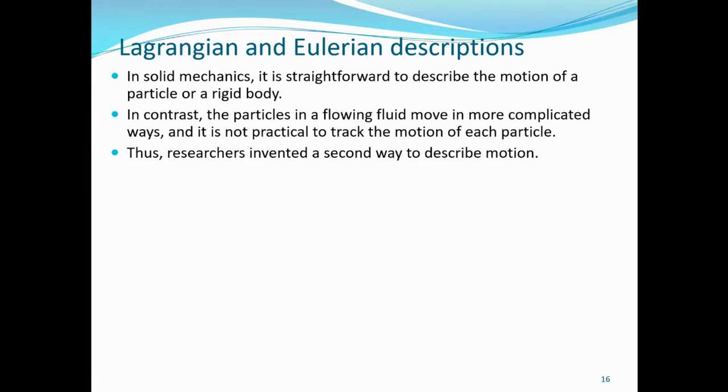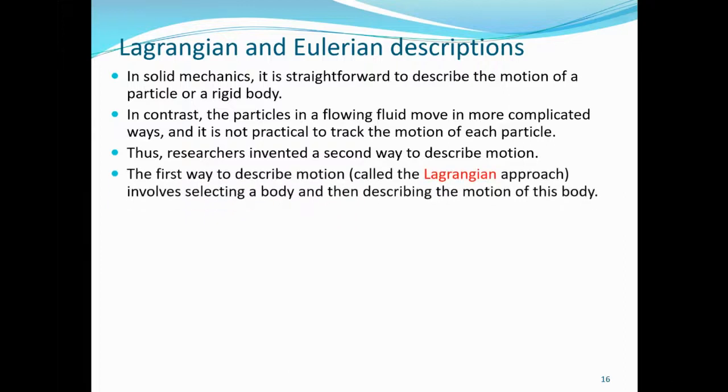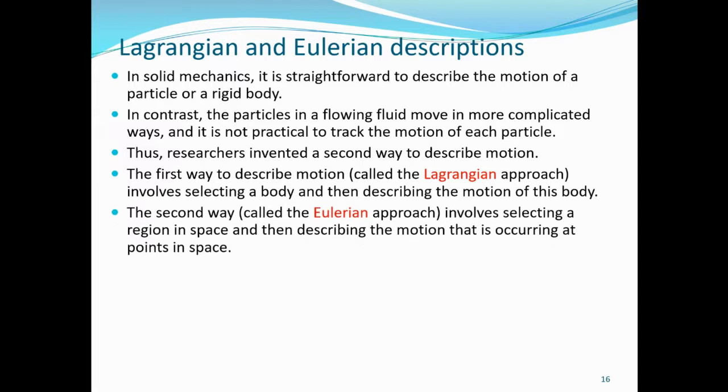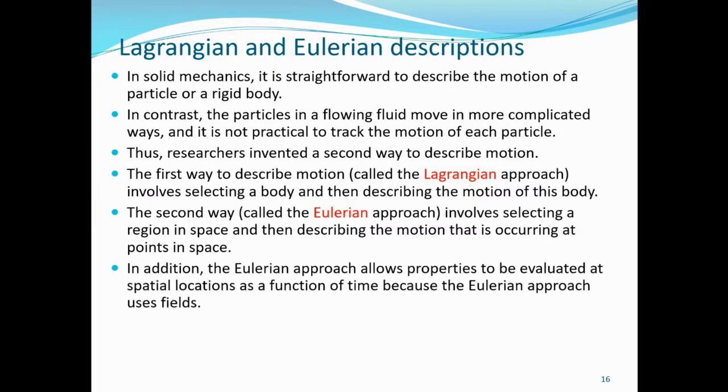Thus, researchers invented a second way to describe motion of fluids. The first way is called the Lagrangian approach, which involves selecting a body and then describing the motion of this body. The second involves selecting a region in space and then describing the motion that is occurring at points in space, which is the Eulerian approach.